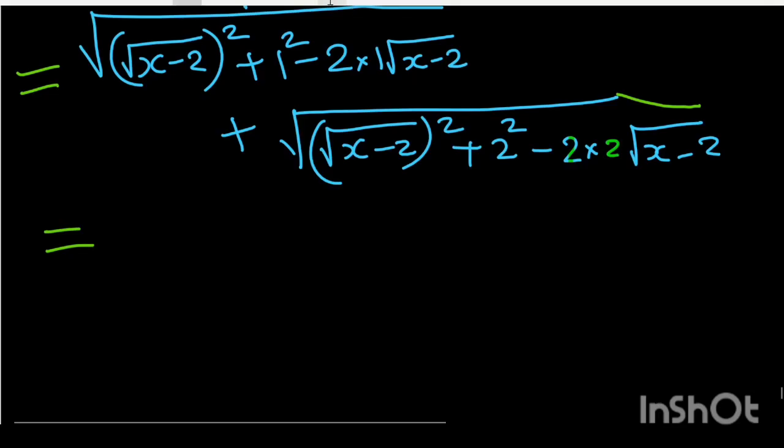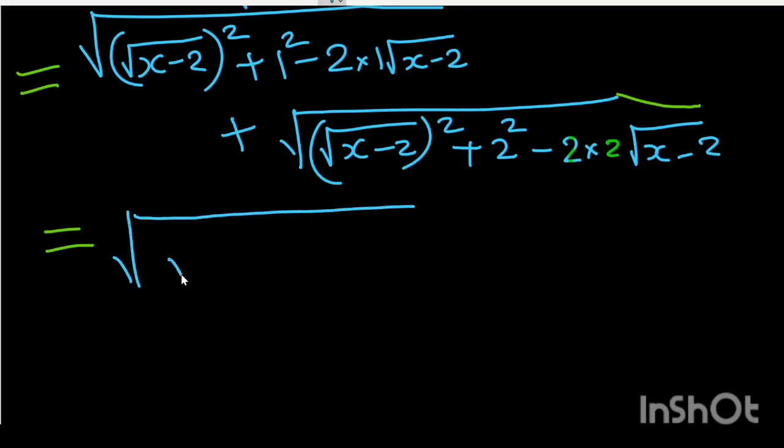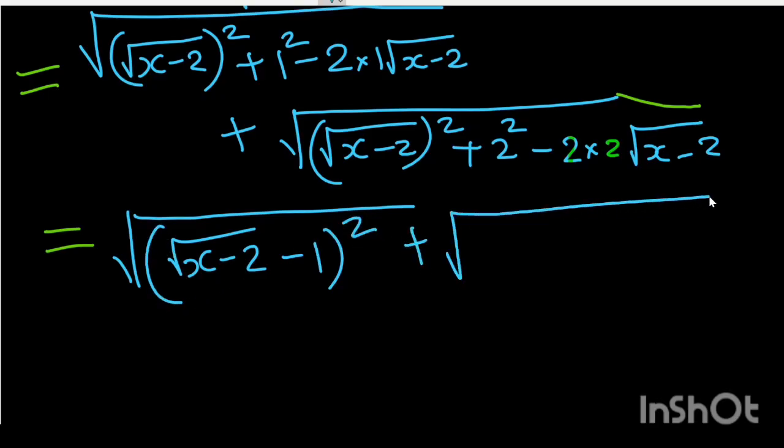So guys, this is of the form a square plus b square minus 2ab, which can be written as root x minus 2 minus 1 whole square. Similarly, the second one also fits into a square plus b square minus 2ab, so it is a minus b whole square, where a is root x minus 2 and b is 2.